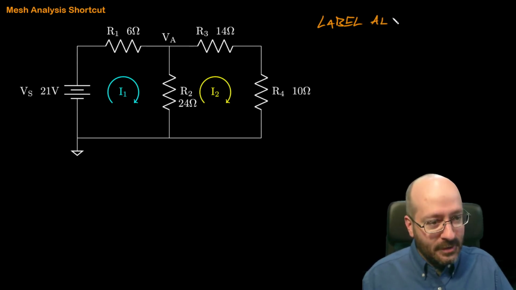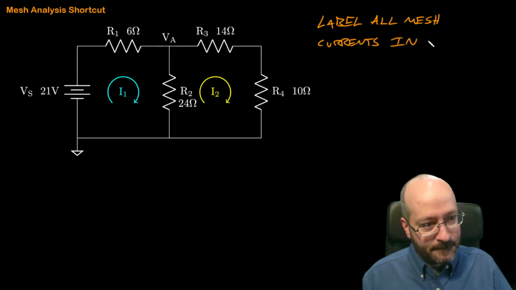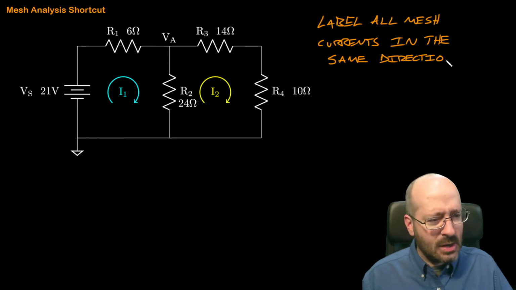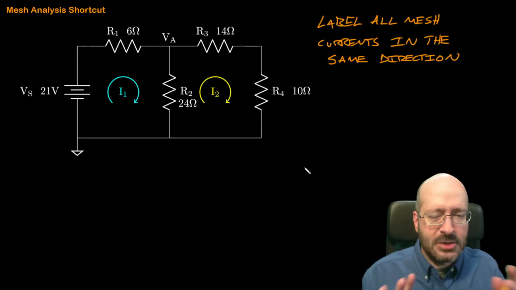Label all mesh currents in the same direction. Okay. When we first started doing mesh, I said you can label them clockwise, counterclockwise, mix and match them all you want.